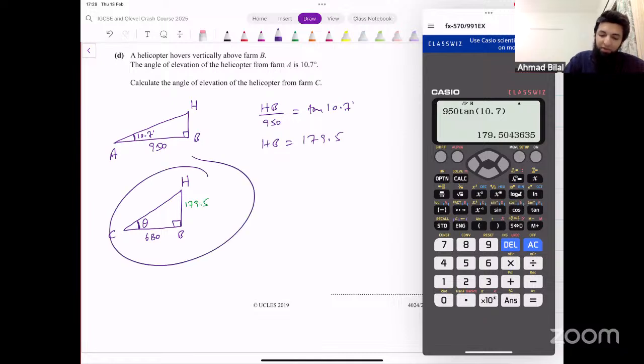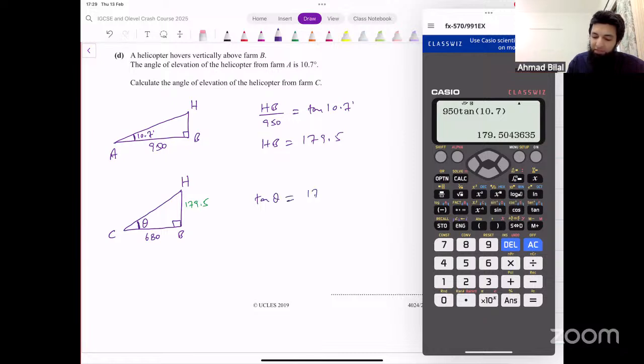Now that we have found this distance, 179.5, we can use this triangle to find the value of theta. We know the perpendicular, we know the base. We can use tan theta now. We can say tan theta equals 179.5, the distance we found using the above triangle, divided by 680.